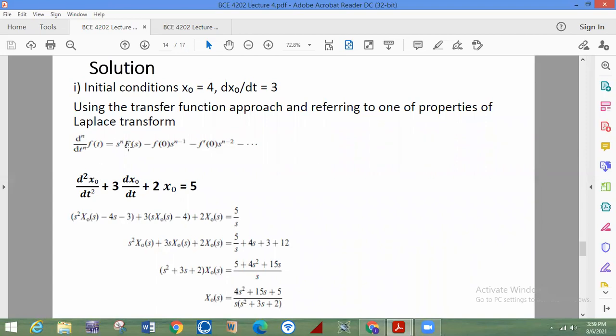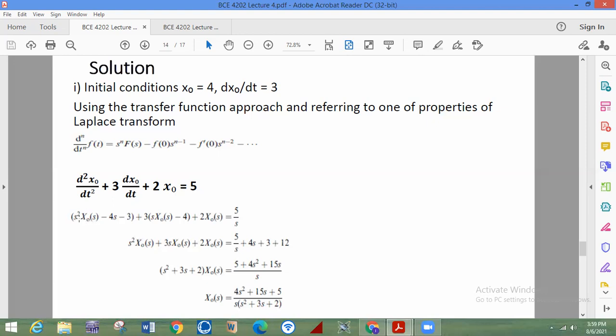When you do Laplace transform, the lowercase goes into uppercase. Likewise, this lowercase function x naught becomes X naught of s, but x is in uppercase. Please note that.